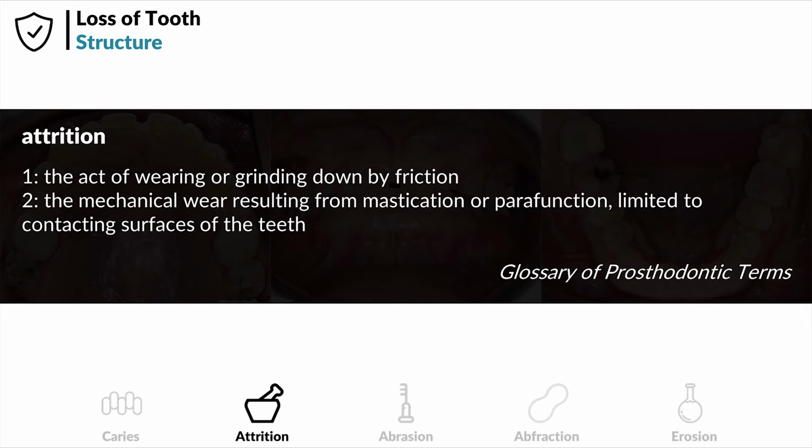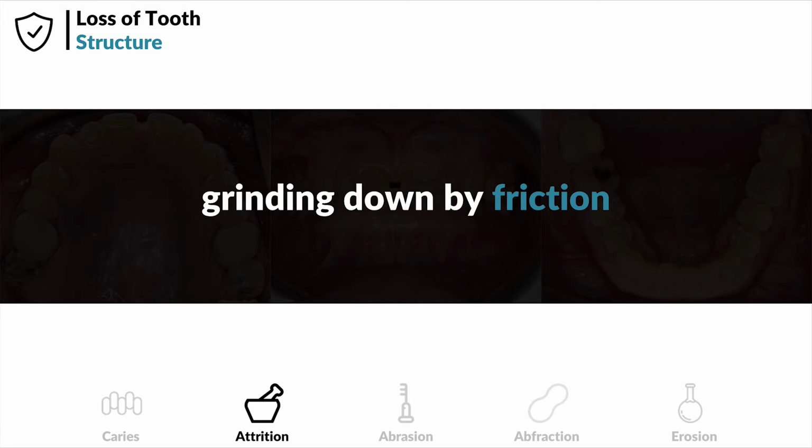If we gave you, let's say, a night guard, and you grind down your plastic night guard instead of your teeth, well, you're a bruxer, but you've minimized or done away with attrition on the teeth. Instead, we've worn away a piece of plastic. Right? So grinding down by friction is what I want you to remember about attrition.